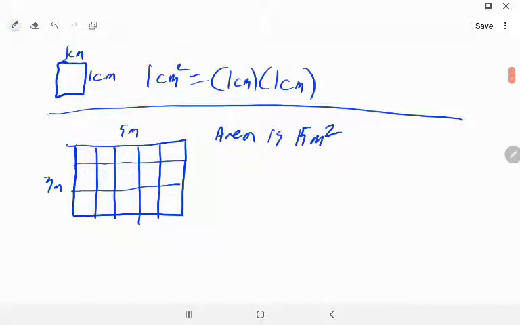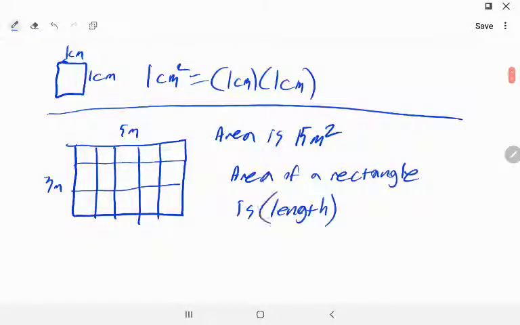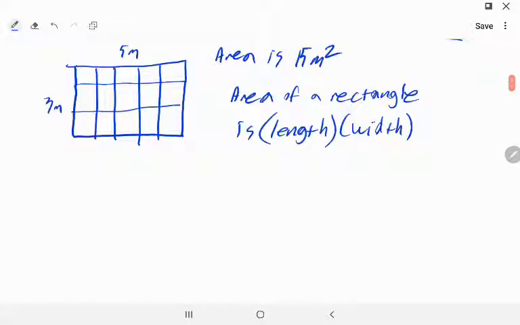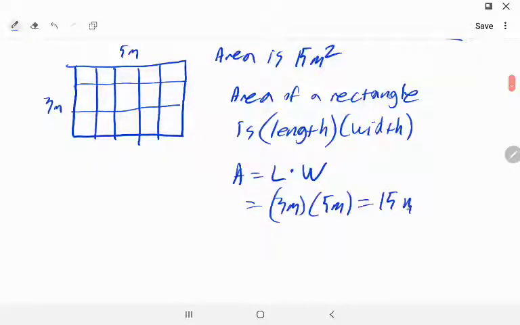And so what we can do instead is say area of a rectangle is length times width. And so we can abbreviate that as A equals L times W. And we notice that if we take 3 meters times 5 meters, we get 15 square meters.